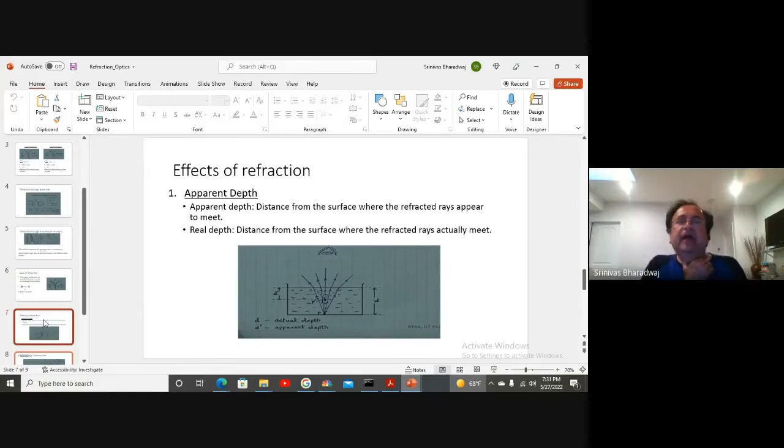This happens when you have a reflecting bottom, like so many of these evergreen silver vessels. When you have an evergreen silver vessel, you will have this idea of the apparent depth, d prime over d.